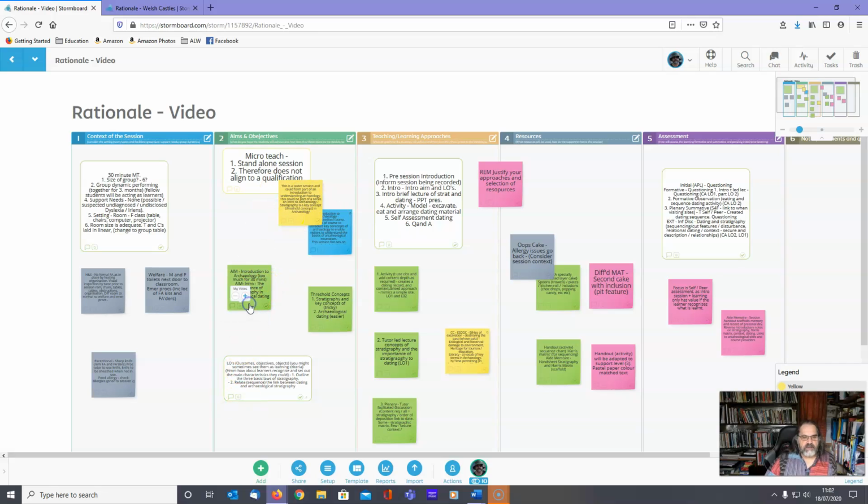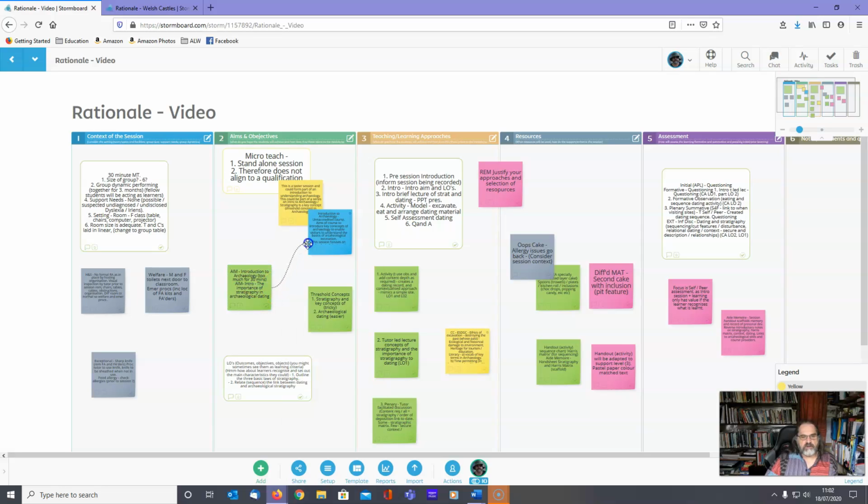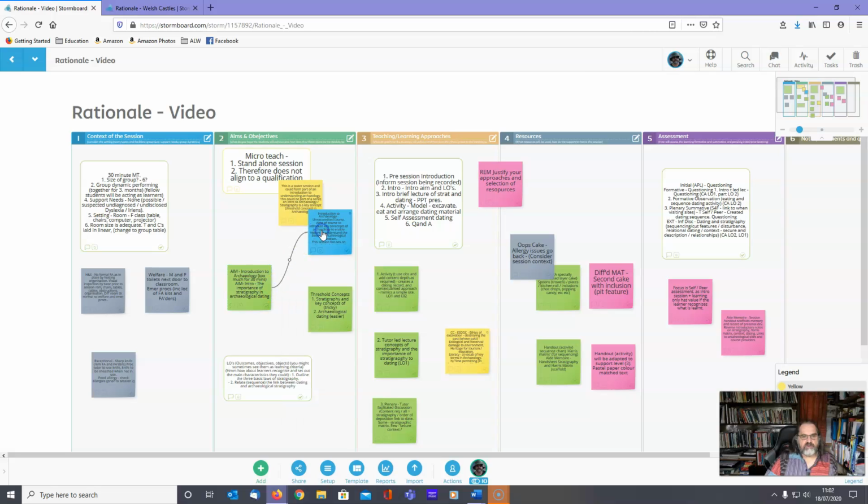As I've said before, because it's a standalone session, that aim doesn't align to anything in front of it, so it becomes the start point. But if it was a course, then that would have to constructively align to the particular course qualification requirements.